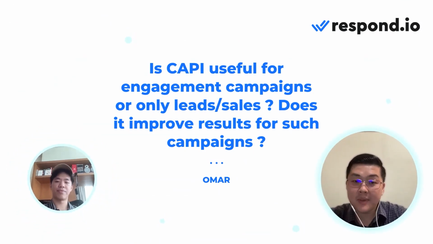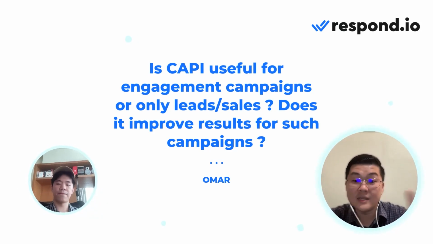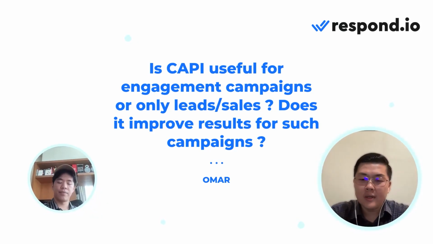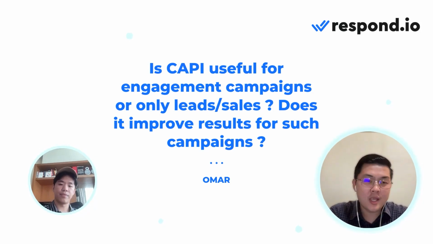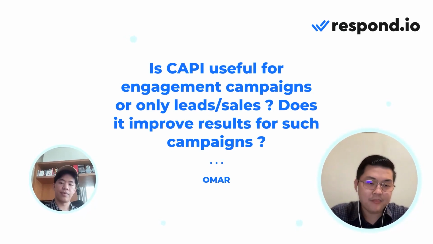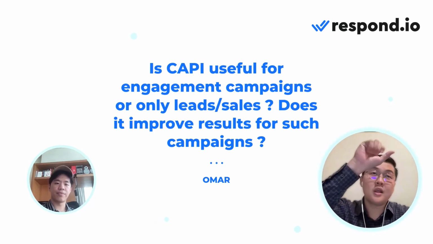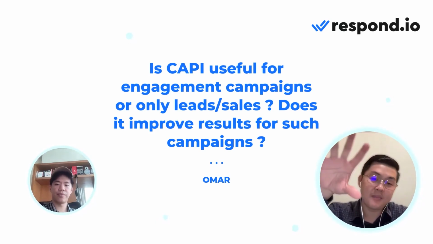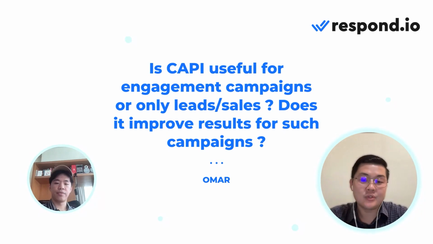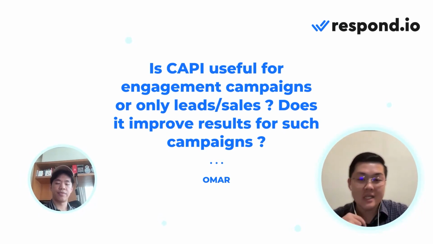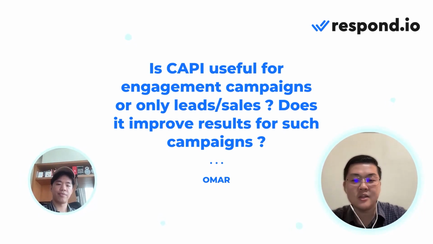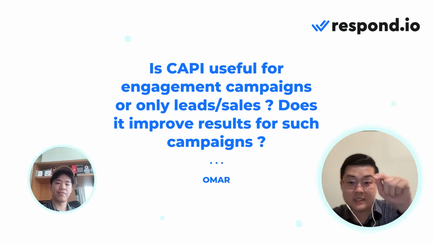Yes. This one, the campaign, it's only for sales. Because when you create your ads, there's the campaign objective. Once you go onto your ad, the first thing they ask is what is the campaign objective? You have to select sales. If you select the engagement objective, then you won't be able to select this data set.